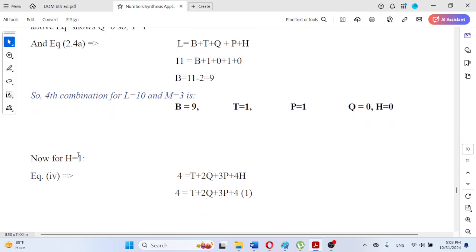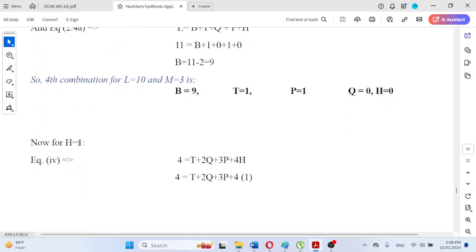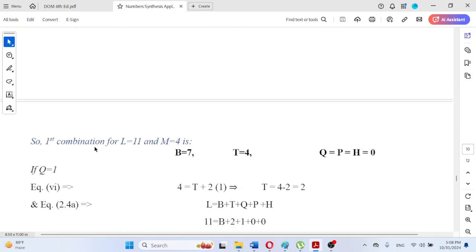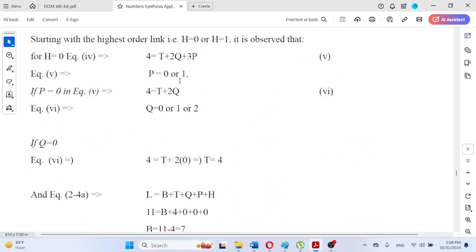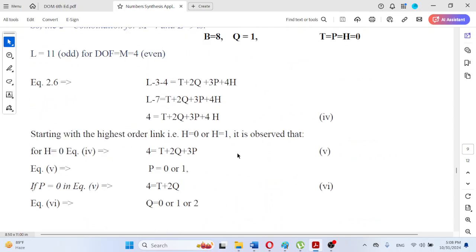So now the last set remains for h. There were two values for h, 0 and 1. h equal to 0 has been tested out, and now we will be testing h equal to 1.